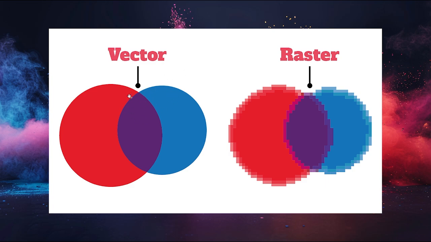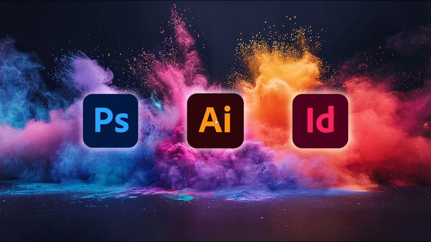And because the mathematical formula recalibrates to any size, you can scale a vector image up and down without impacting its quality indefinitely. So here you can see, if you've ever zoomed in and in on a photograph image, you see it gets a bit pixelated like that. That is raster. Whereas if we zoom in and in on a vector image, it will just continue to hold its quality, and that's what we use in Illustrator.